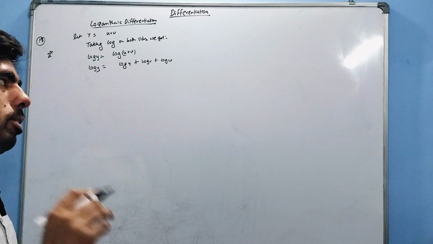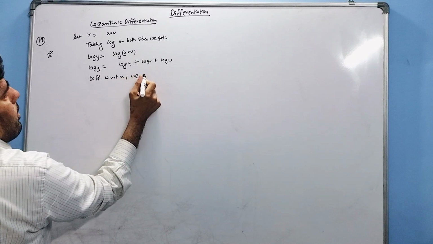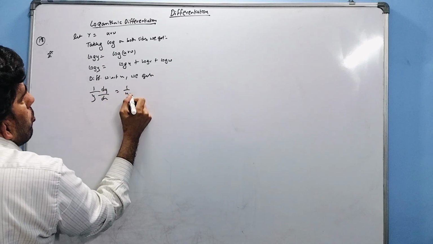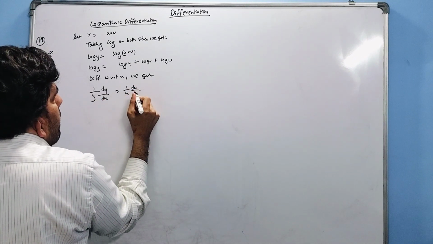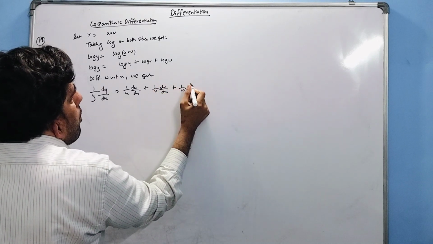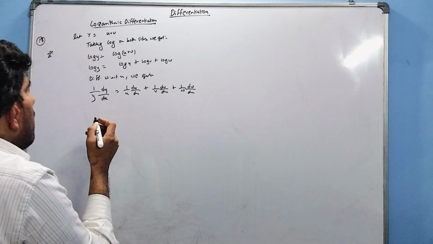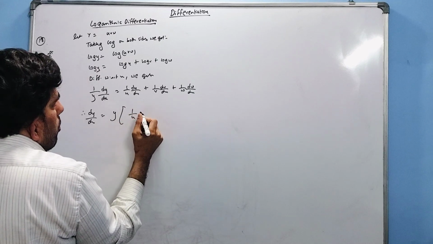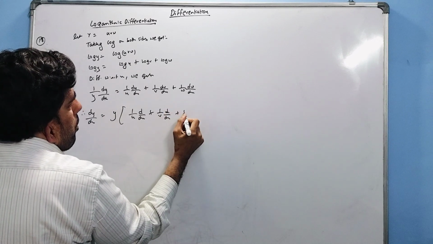So now differentiating both sides with respect to x, we get (1/y) dy/dx equals 1 upon u du/dx plus 1 upon v dv/dx plus 1 upon w dw/dx. Therefore dy/dx will be y into (1/u du/dx plus 1/v dv/dx plus 1/w dw/dx).